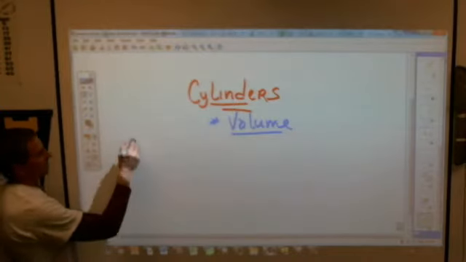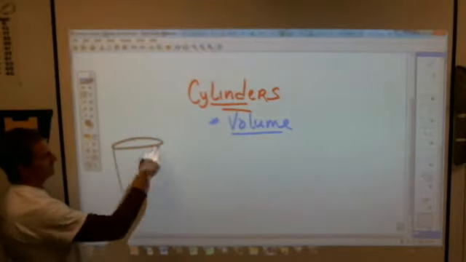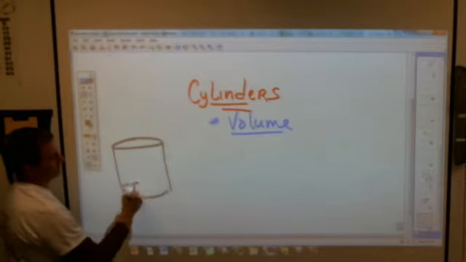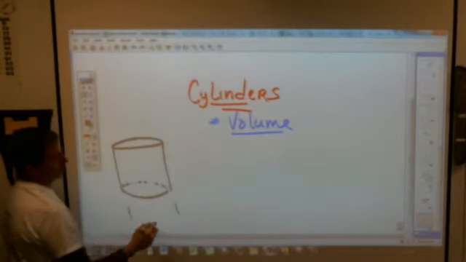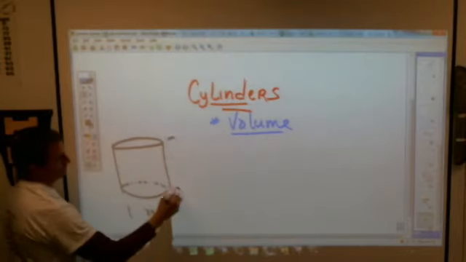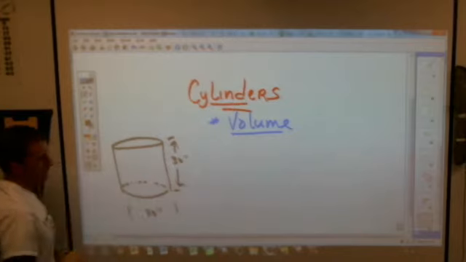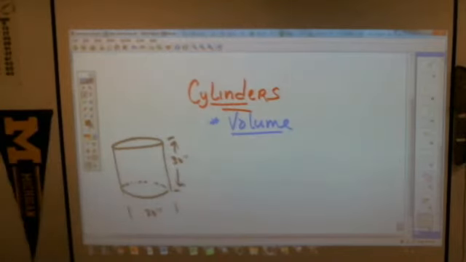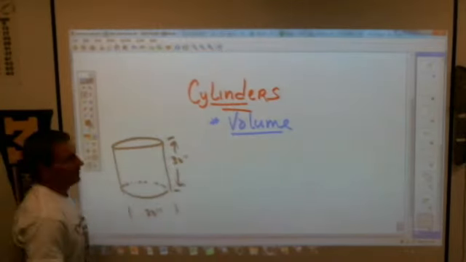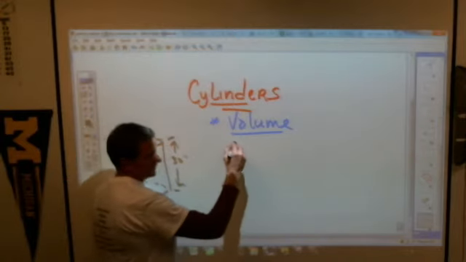If you look at a cylinder, let's draw one. I am actually going to give you the specific formula for this. If you remember this here, you can write this down.